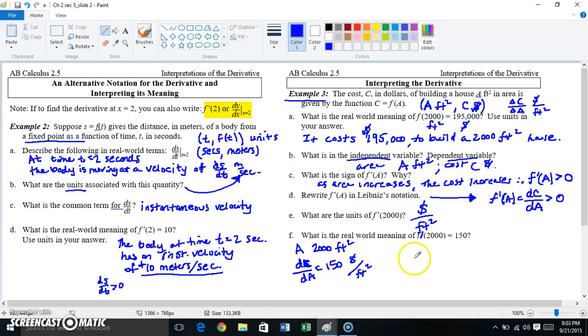Okay, so for a house with an area of 2,000 square feet, the cost is changing at a rate of $150 per square foot. For a 2,000 square foot house, the cost is changing at a rate of $150 per square foot.